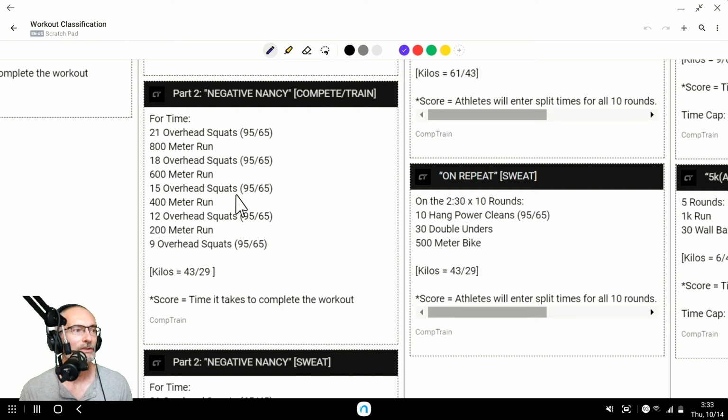So that first round is designed to be a little longer, and then you're decreasing reps. When we see decreasing repetitions in a workout, that's typically done to preserve intensity throughout the workout.